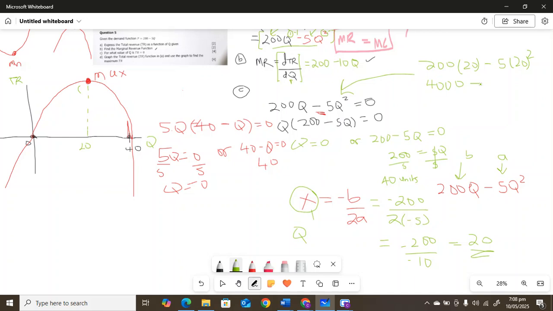Minus 20 squared is 400 times 5, that is 2,000. So 4,000 minus 2,000, that gives us 2,000. So here on your graph, on this total revenue, it's 2,000 here. So when you produce 20 units, you're going to make the maximum total revenue of 2,000 kwacha. Any questions?